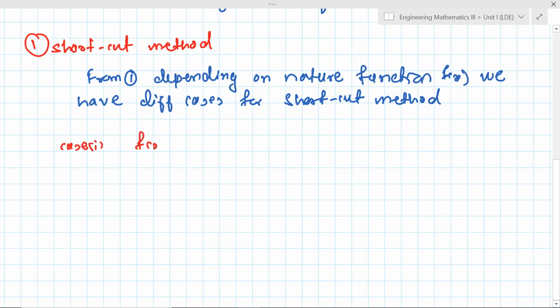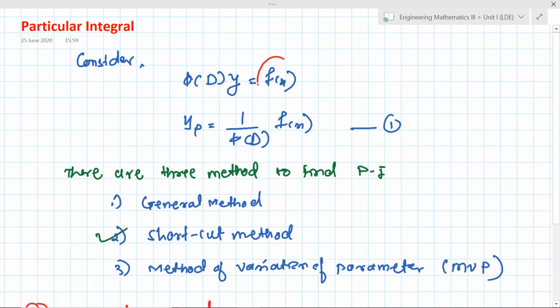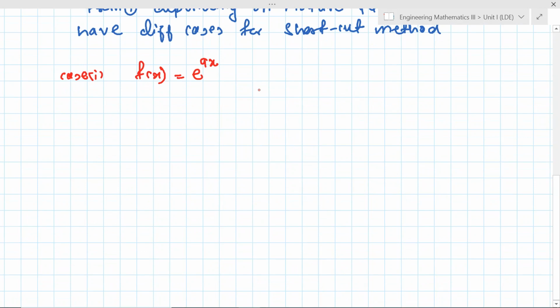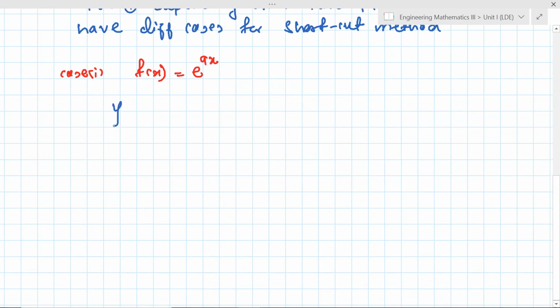Case 1: if my f(x) is of the form e raised to ax, where a may be a constant, positive, negative, whatever. Then what is my yp in this case? yp is equal to 1 upon phi of D into e raised to ax.